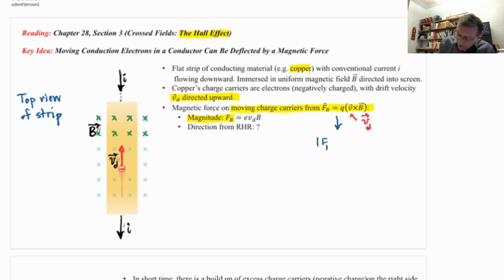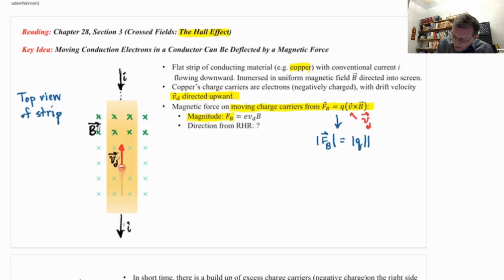If I want the magnitude of a vector product, in this case FB, it would be the magnitude of Q, because technically the Q is negative, right? Magnitude of the drift velocity, VD magnitude, magnitude of the magnetic field, sine of the angle. What angle? Between the drift velocity and B.